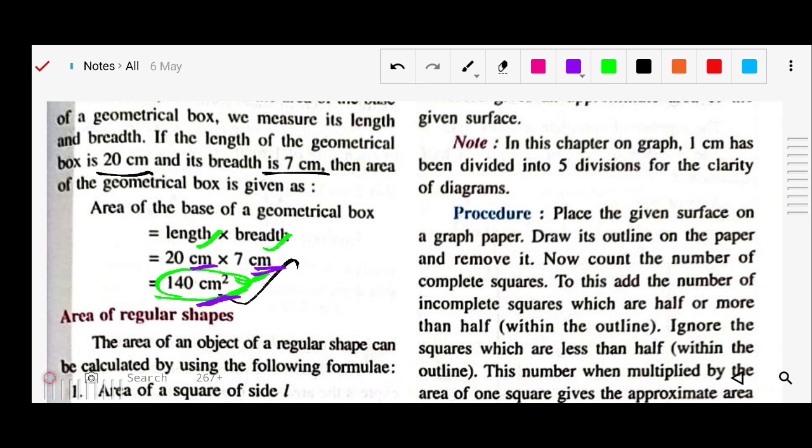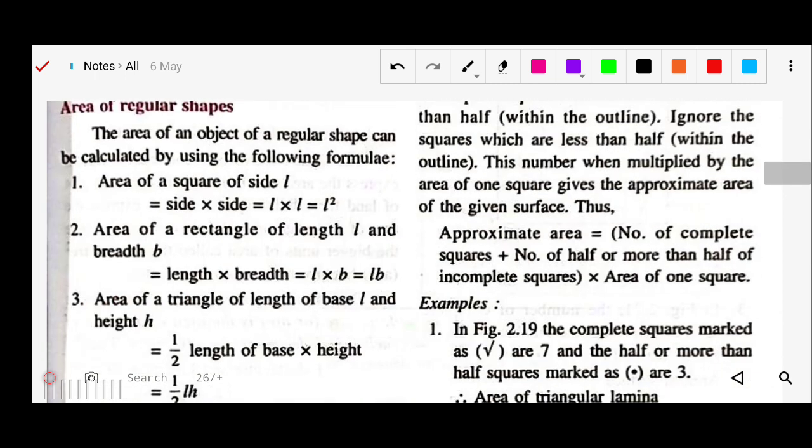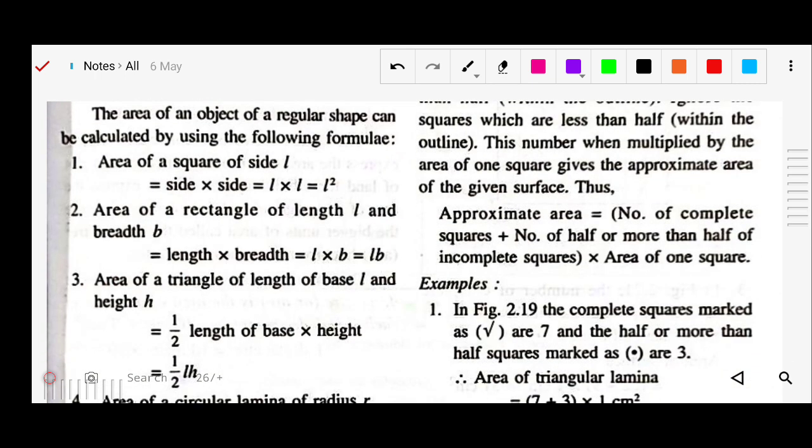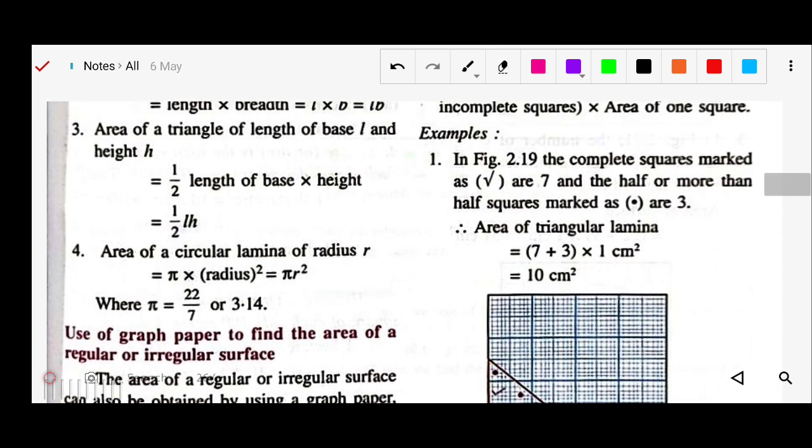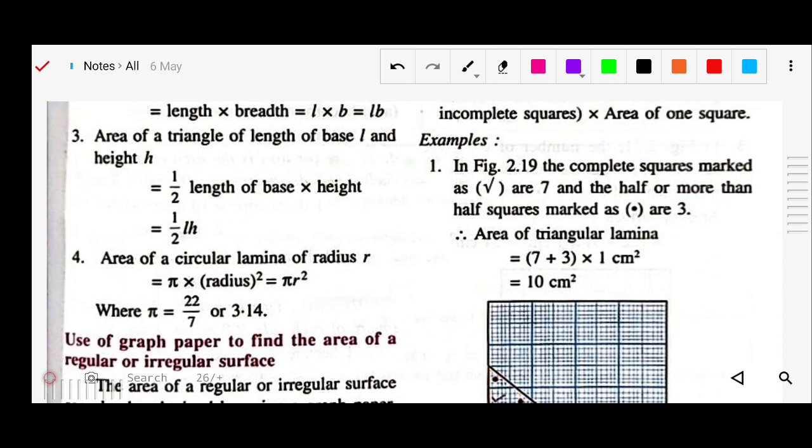Then we have the area of regular shapes. The area of regular shapes we can find by some formulas that we have already studied in math. The area of a square is side into side. Area of a rectangle is L into B, length and breadth. Area of a triangle is half into base into height. The area of a circular lamina is pi r square, where the value of pi is 22/7, or we can take 3.14.